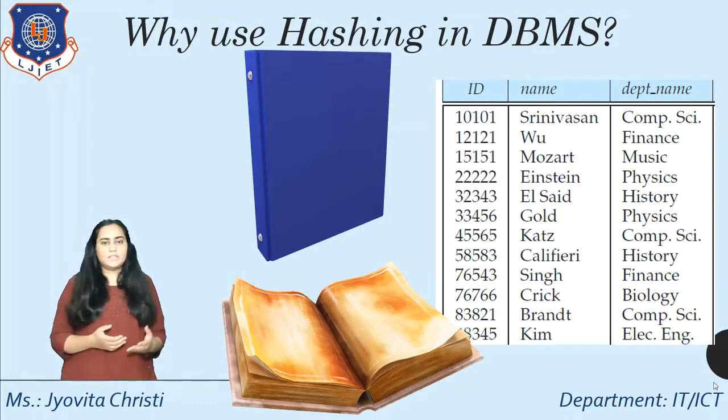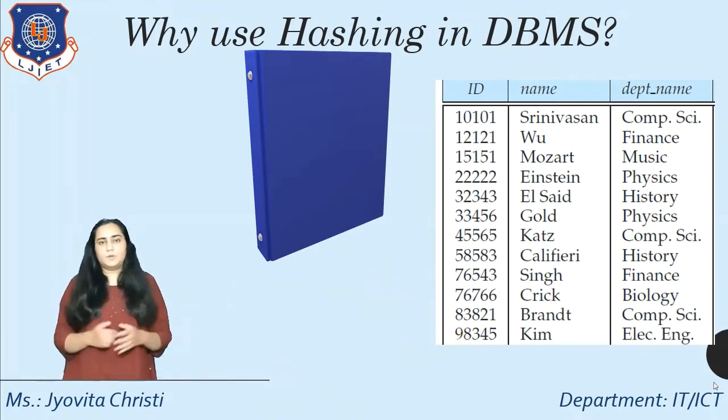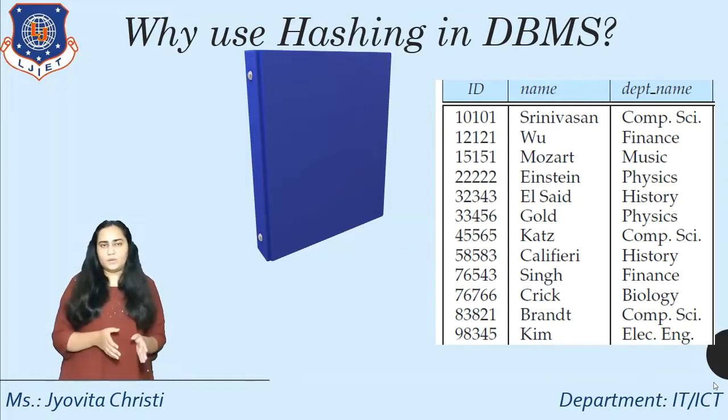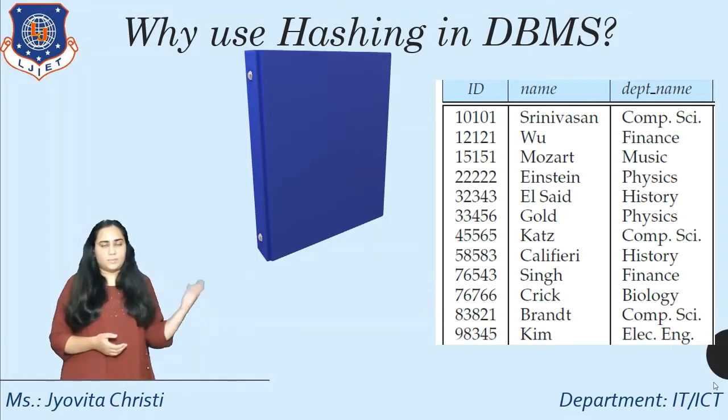As you can see on your screen right here, there's a table, and this table contains details about instructors. If you're looking for some instructor using the ID of the instructor, then you can search the index directly. There's always an index created on the primary key of the table, and obviously ID would be the primary key of this type of table.